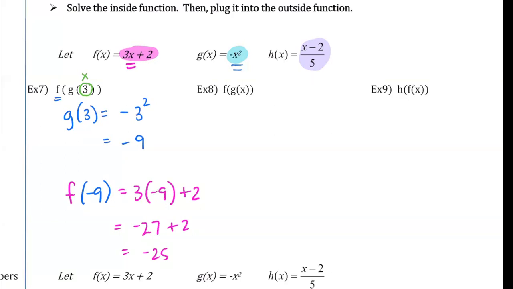So here I'm going to be taking g of x and plugging that in, that whole entire function, which is the -x squared. I'm going to plug that in for my x in the f function. So it looks like this. This is what I'm plugging into the f function.